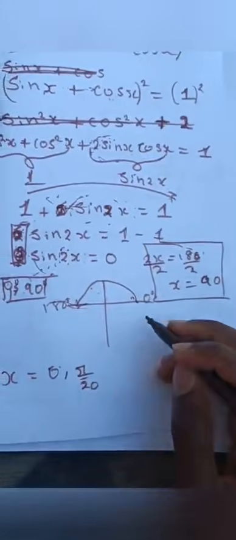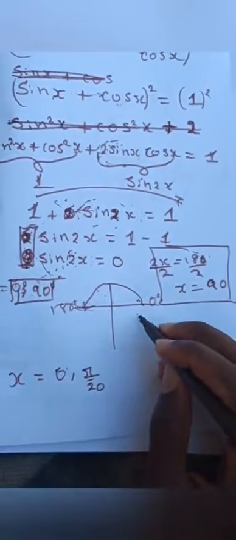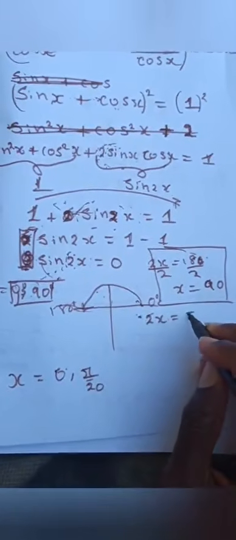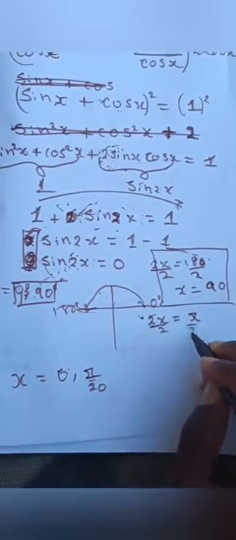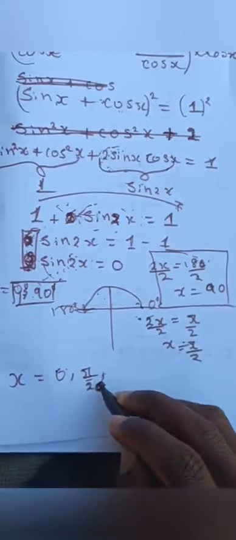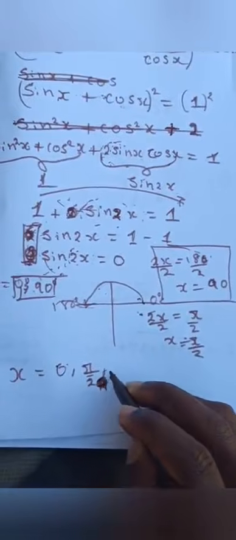If you want to show your work in a question like this where they have asked you in radians, show everything in radians as well. So you would have done it like this: 180 is equal to pi, divide by 2 on both sides, x is equal to pi over 2.